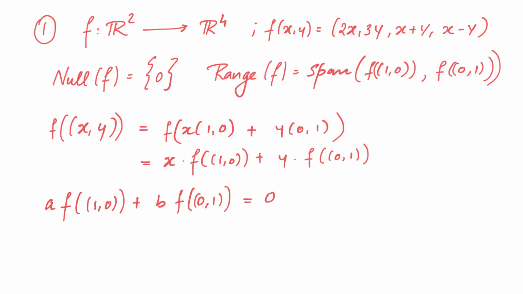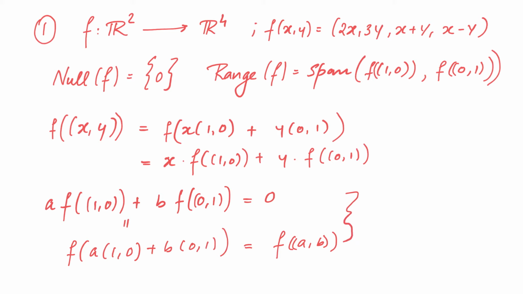But by linearity, a times f(1,0) plus b times f(0,1) is equal to f of a times (1,0) plus b times (0,1), which is equal to f(a, b). So this implies that f(a, b) is equal to 0.